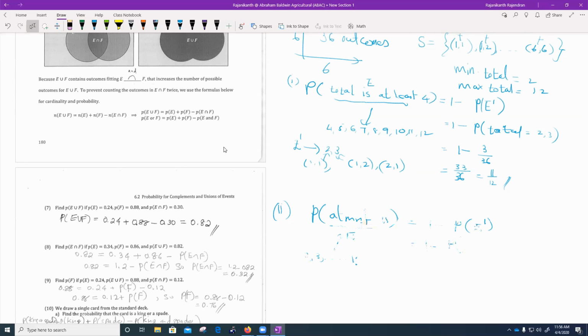If my E gets these kinds of values out of 2 to 12, the missing one is just number 12. So my complement event is simply that the total is 12. So that is easy. What is the probability of getting 12? 12 can be got from 6 and 6. Therefore, that is just 1 out of 36. So it is 35 over 36.